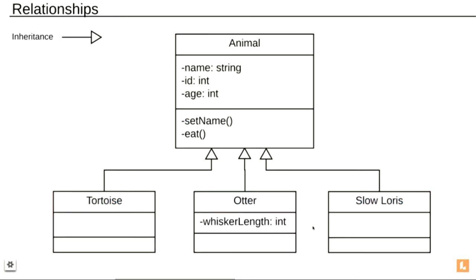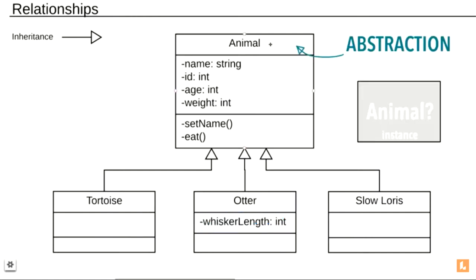Like this, it can have a separate attribute of its own, whisker length. That is private. And this whisker length will not be known to either the child classes or the parent class. This is an explicit or special property of this lion class only. Got it? So this was your inheritance relationship, the first one.